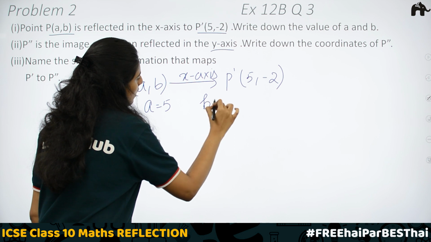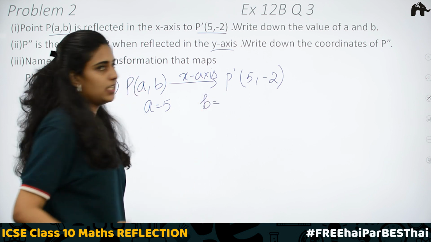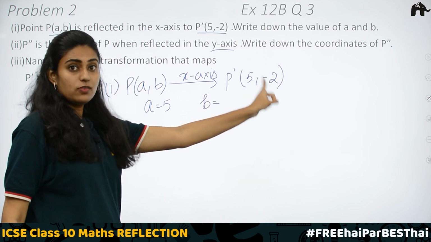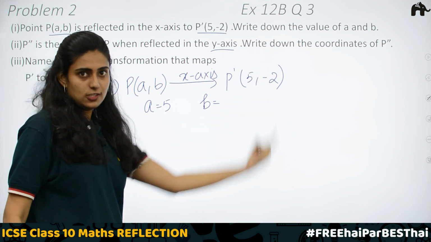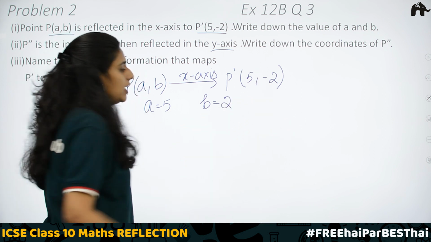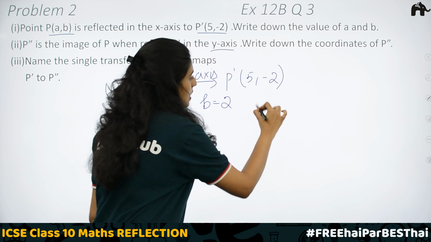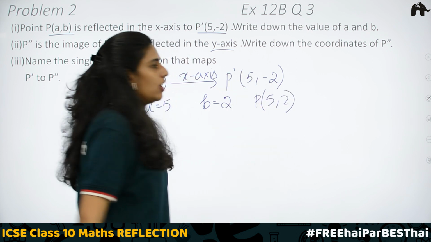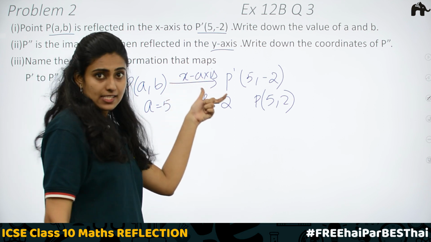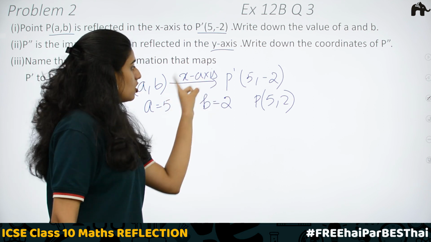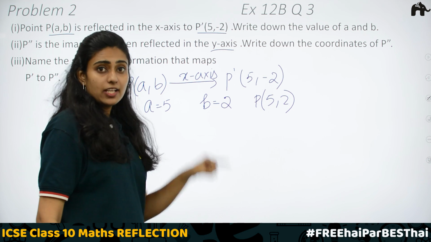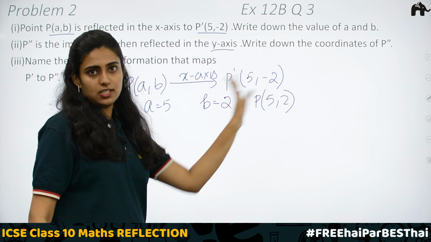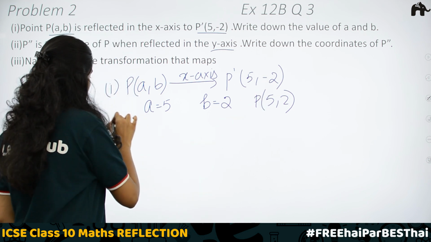Here we have minus 2 after the reflection, therefore the sign should change, so b will be 2. Point P(a, b) is 5, 2. When this point undergoes reflection in the x-axis, we get P dash: the x coordinate remains the same, 5, and the y coordinate sign changes, 2 becomes minus 2.